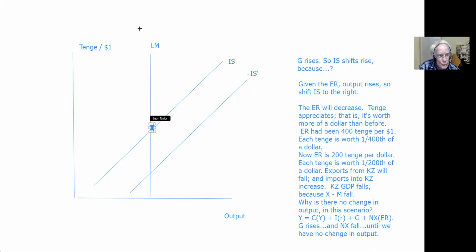We just go from point A to point B, and that's it. All that changes is the exchange rate. So fiscal policy does not work very well in this example.